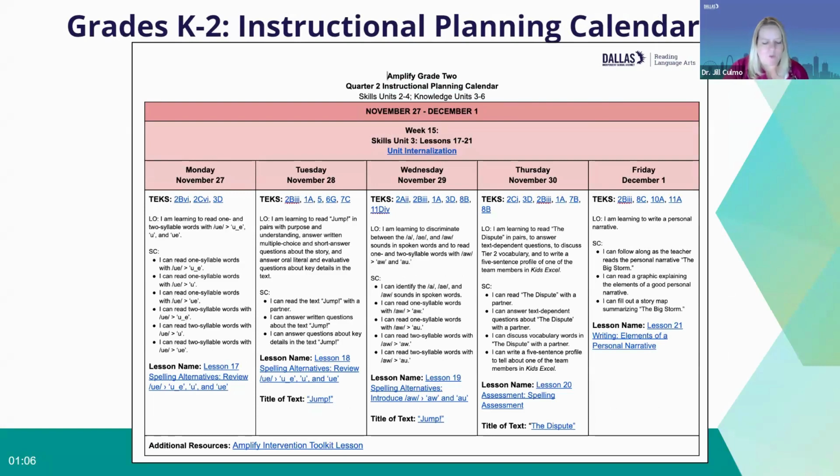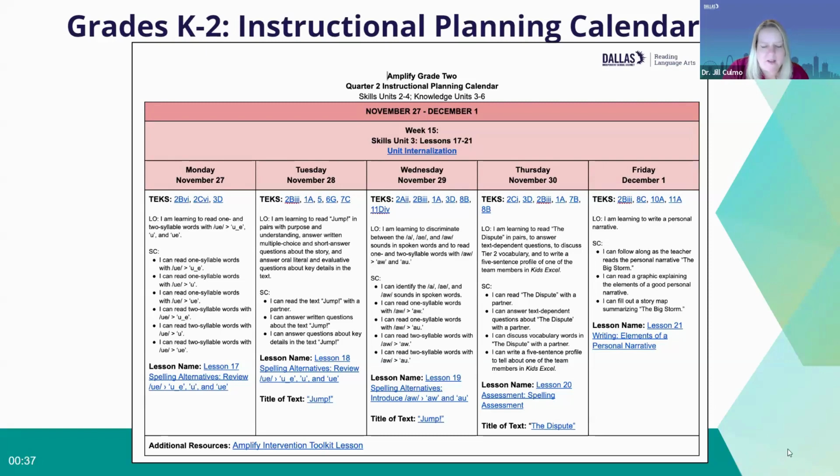Some key items you'll want to note are the following: lesson TEKS, learning objectives or LOs, success criteria, and a direct link to a PDF of that day's lesson. The Skills IPC will also contain the PDFs of the student skills readers if applicable. If tricky words are included in the lesson, they are listed on the IPC as well.